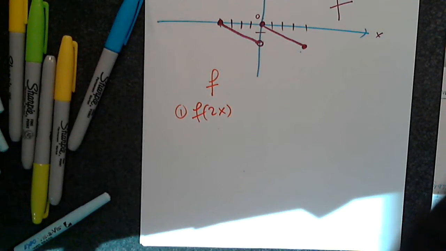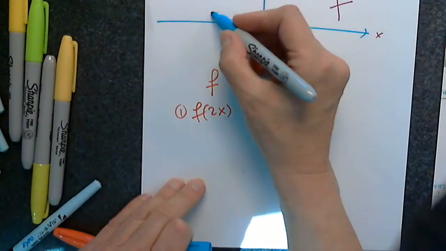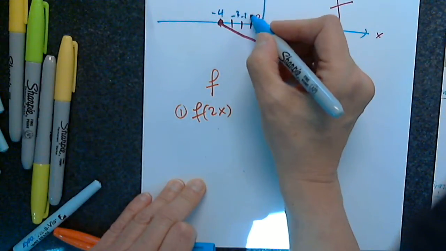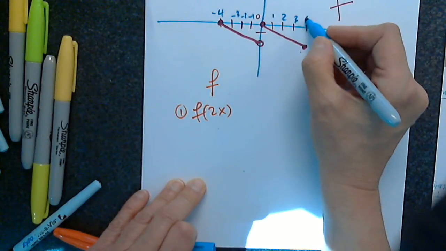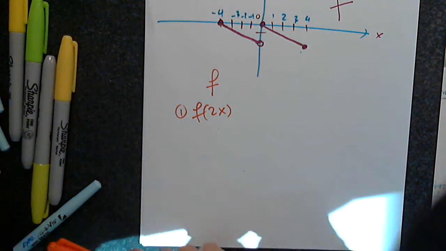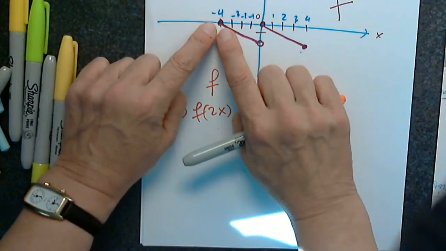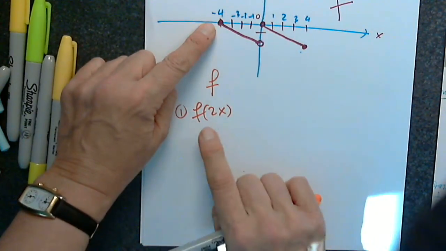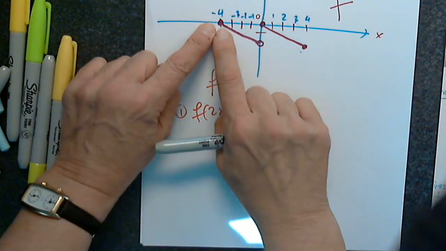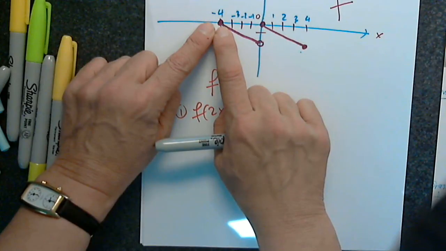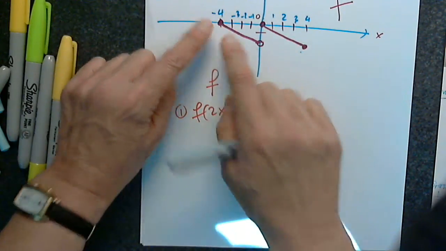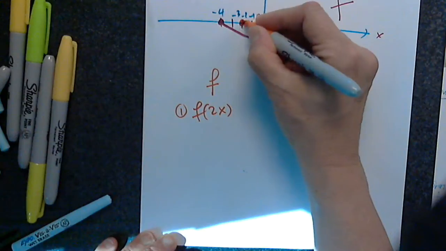Okay, so let's do that. So this is at -4, -3, -2, -1, 1, 2, 3, 4. Ready? So this point has x -2. In order to graph f of twice x, where do I move this point? Very good, awesome, right here.